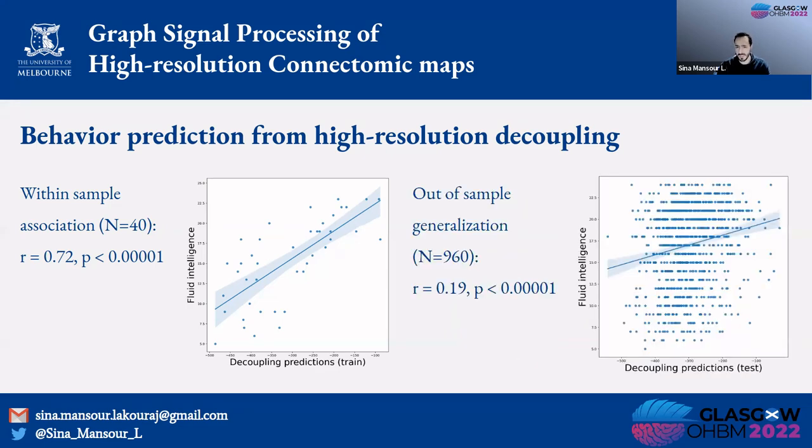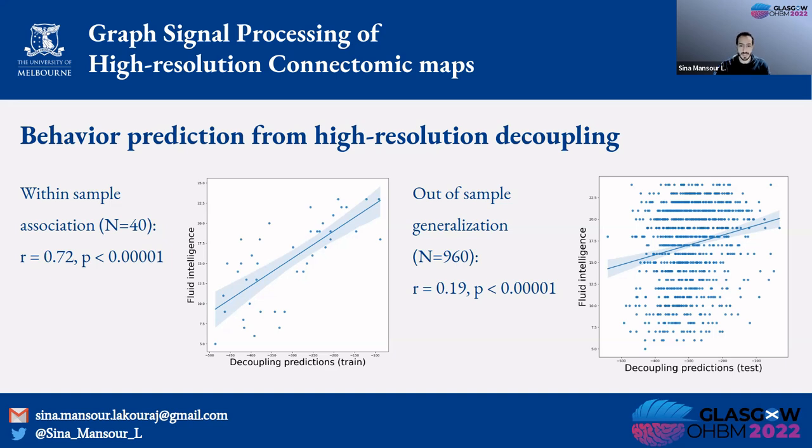So we used the 960 remaining subjects from the Human Connectome Project data set, and we tried to see if the association that we observed in the smaller sample could be replicated in the population. And what we observe is that there's still a significant association between the decoupling patterns of an individual's high resolution functional BOLD activity defined over the structural connectome and their fluid intelligence.